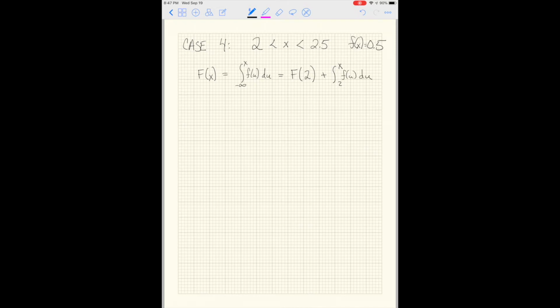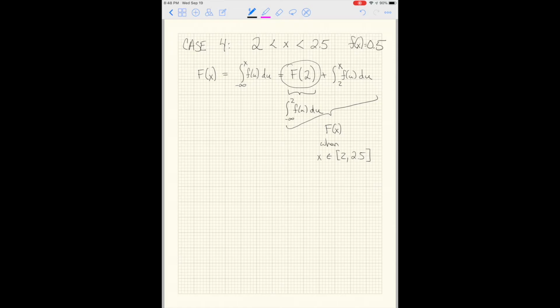You see that because if you think about it, what is F of 2? Well, F of 2 is the integral from negative infinity to 2 of f of u du. Together, these two integrals give F of x when x is between 2 and 2.5. So rather than writing out this integral over and over again, I'm just going to write F of 2.